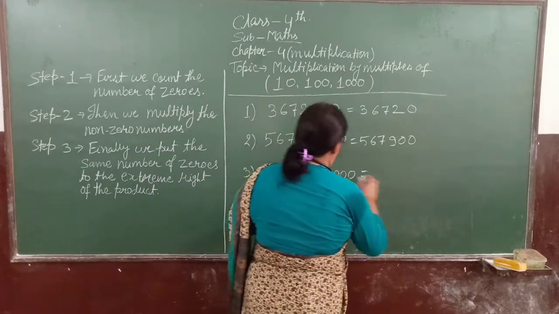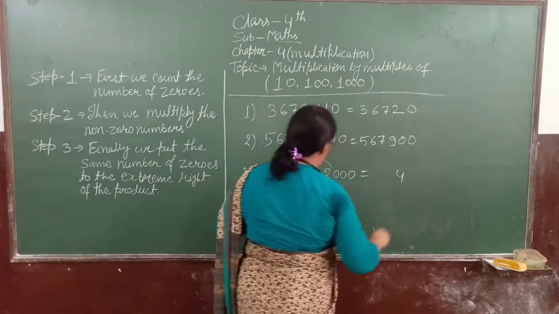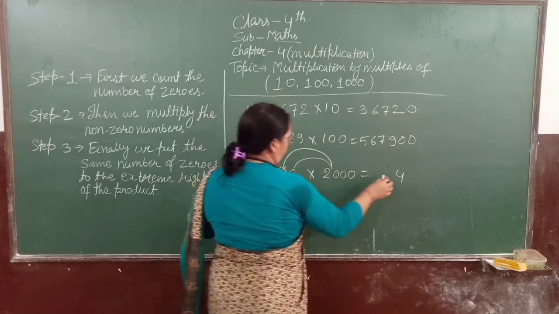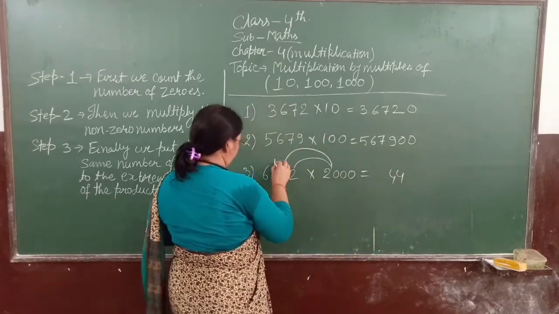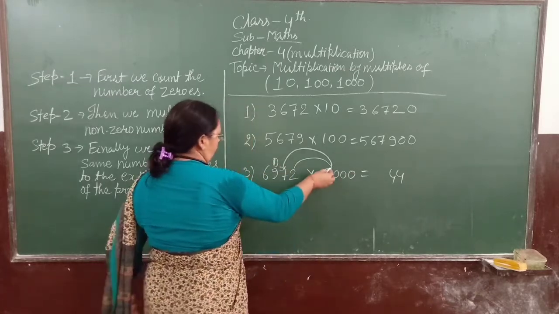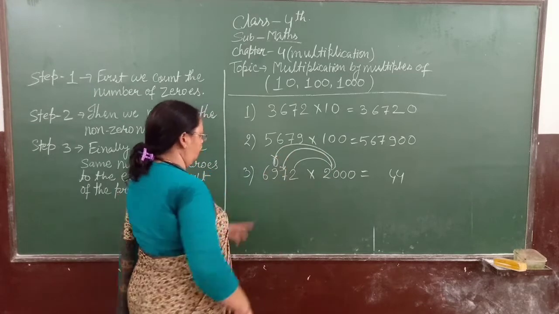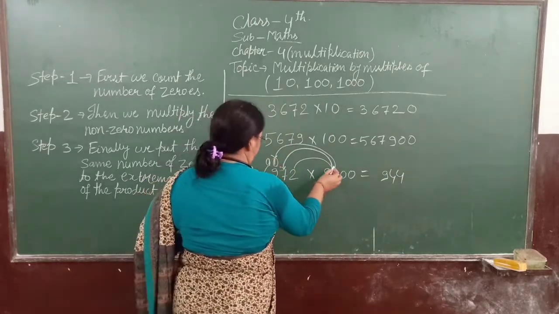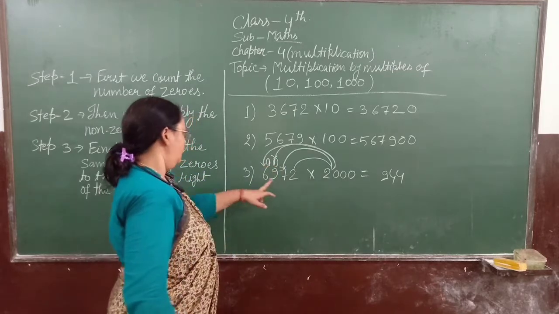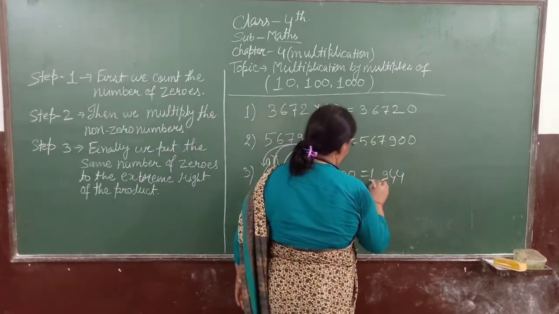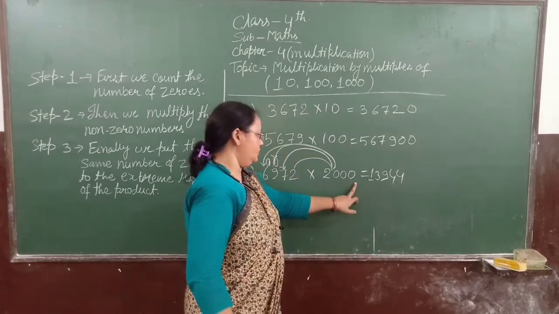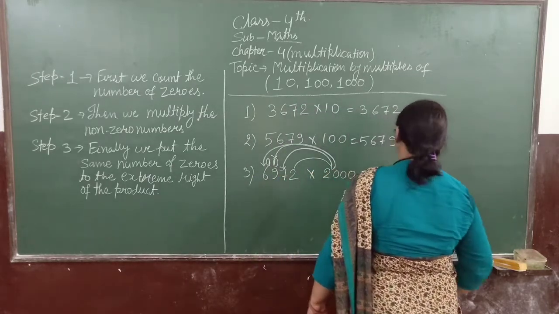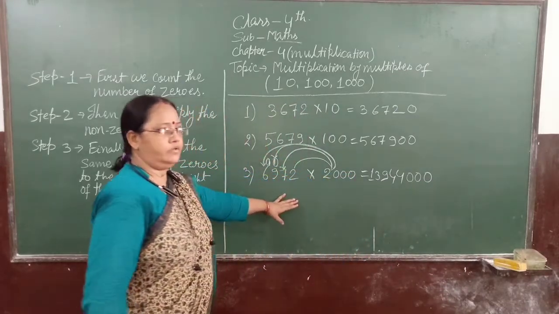So multiply, 2 4s are 8 and 2 7s are 14. 4 is here and 1 is now here, and 2 9s are 18 plus 1 is 19, 9, 1 is right on the top, 6 2s are 12, 6 2s are 12 plus 1 is 13, and put 30 on the extreme right. 1 2 3. Students, this is your required answer.